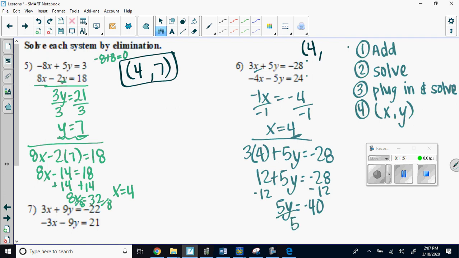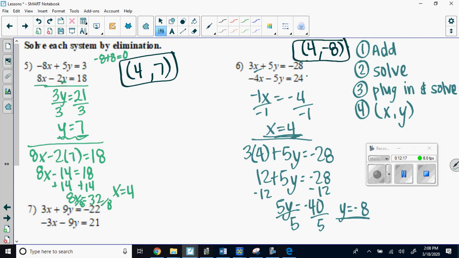Divided by 5. If I'm going too fast for you, just slow the video down. You can change it to like 0.75 speed. If I'm going too slow for you, speed it up to like 1.5 or 1.25. Y equals negative 8. So there's our x and our y. Oh, I forgot the parentheses.